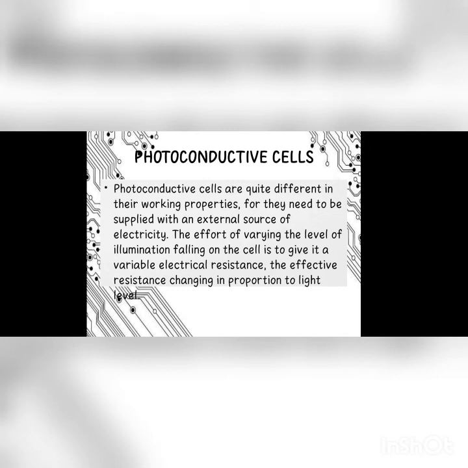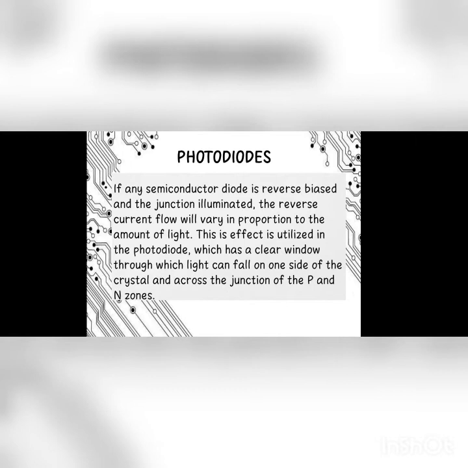Photoconductive cells. Photoconductive cells are quite different in their working properties, for they need to be supplied with an external source of electricity. The effect of varying the level of illumination falling on the cell is to give it a variable electrical resistance, the effective resistance changing in proportion to light level. Photodiodes.